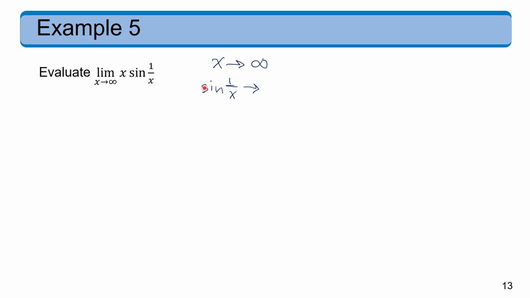As x goes to infinity, 1 over x would be going to 0. So then we have sine of something that's going to 0. So it's approaching sine of 0. But sine of 0, we happen to know, is 0. So the form of this limit, we have one factor going to infinity multiplied by a factor that's going to 0. And this is the indeterminate product we've been discussing.